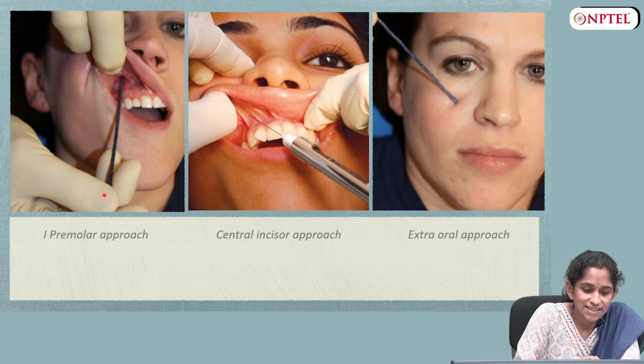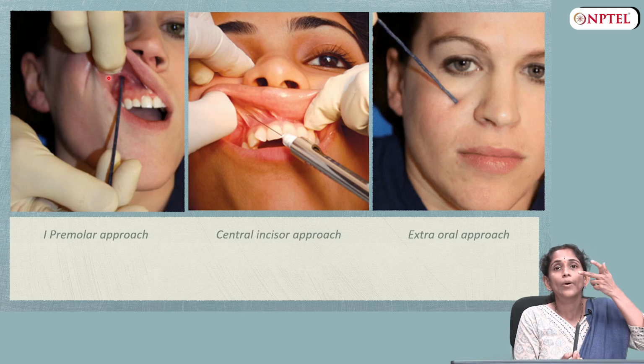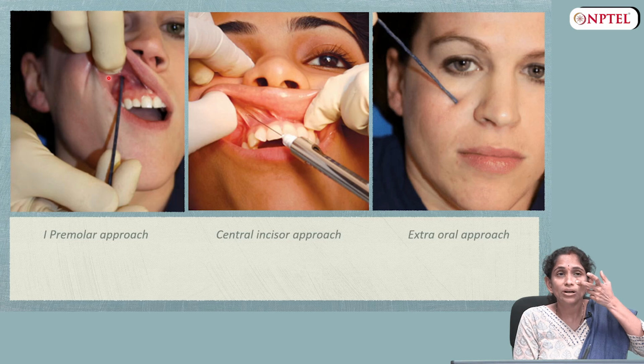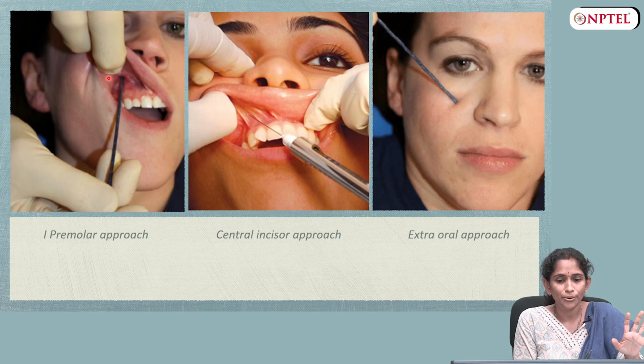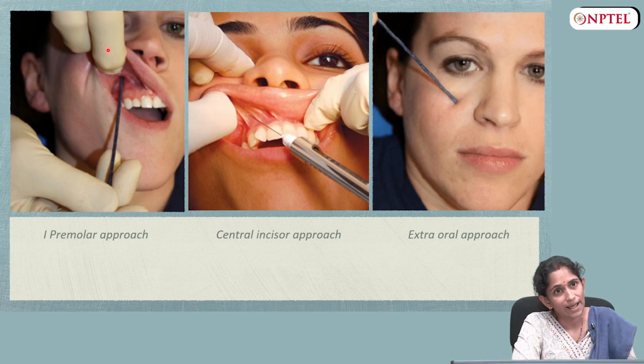So, we insert the needle into the height of the mucobuccal fold parallel to the long axis of the premolar, and once we enter, we can feel the needle coming up. When you can palpate the needle with your finger on the surface, that is when you stop. Once you stop, aspirate in that area and then deposit the local anesthetic.